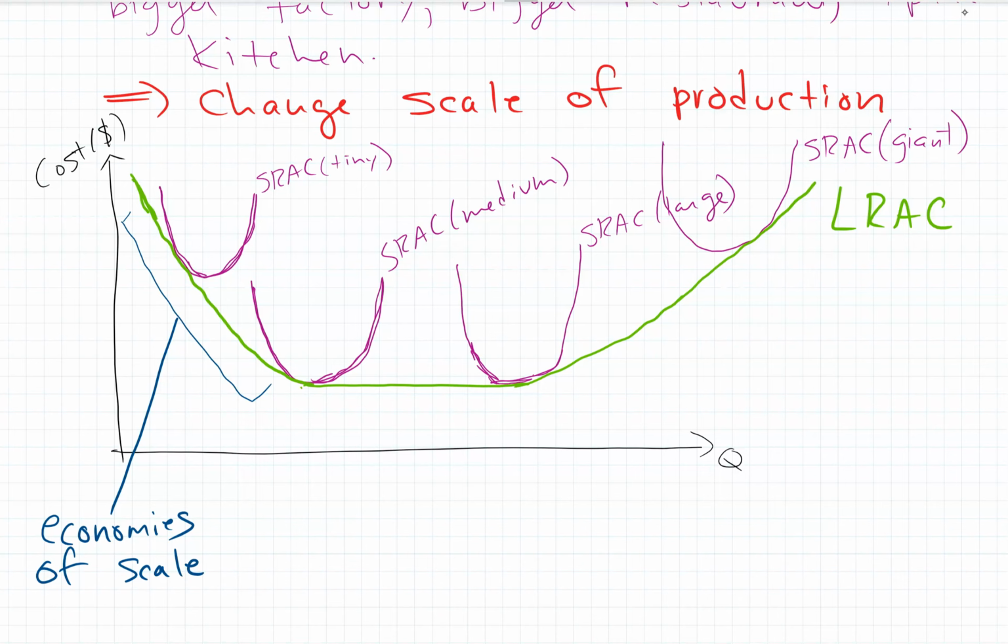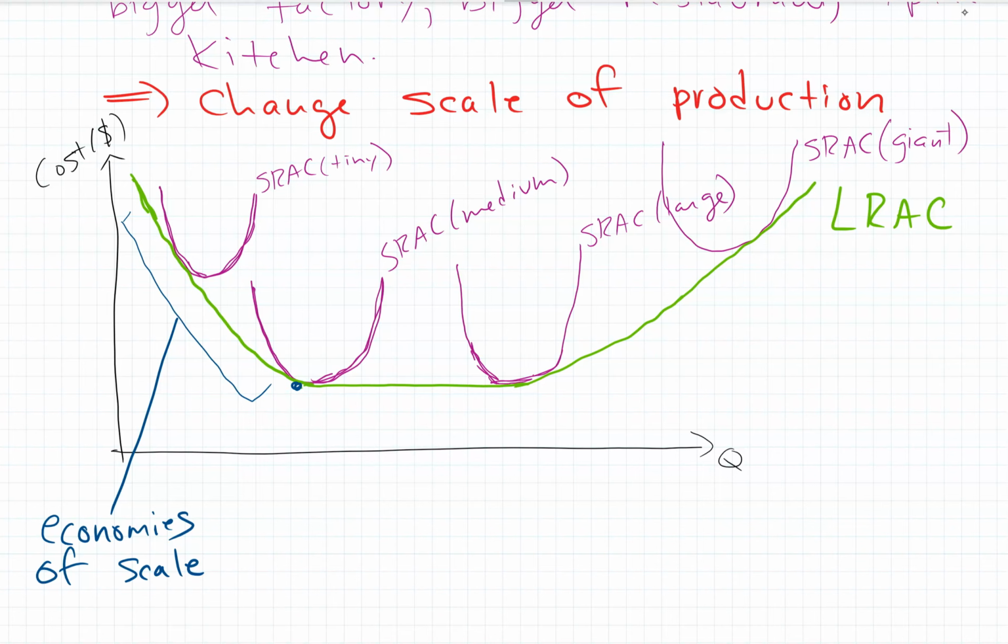So that scale is just a little bit too small. You're trying to compete with bigger companies, but they have much lower costs because their scale is more efficient. You're too small, and so you're not going to be able to produce enough to cover these high average costs.